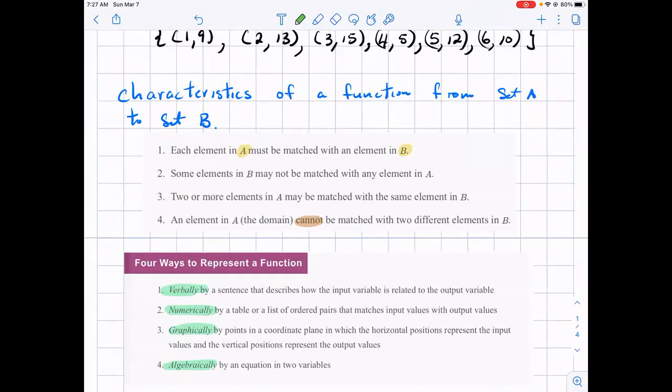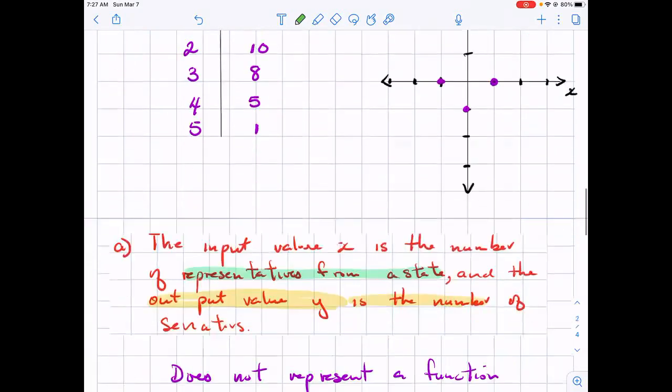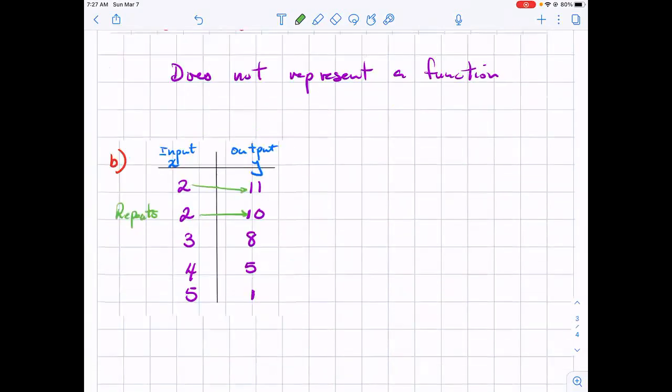An element in A cannot be matched with 2 different elements in B. 2 or more elements in A may be matched with the same element in B. So you could have 2 going to different values, okay? They cannot go, but 2 values, the input, cannot go to different values.